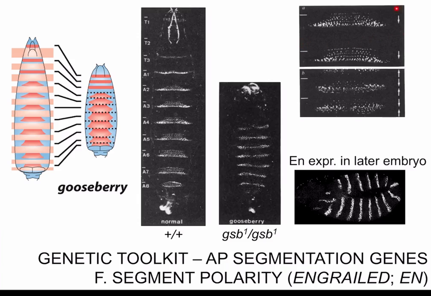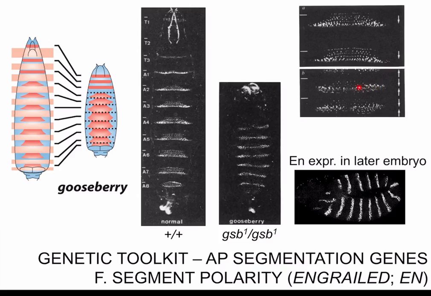So here is a wild type pattern, and you can see this typical pattern of the denticles, where it's narrower towards the anterior and broader towards the posterior, and then you have this naked cuticle that does not have the denticles.